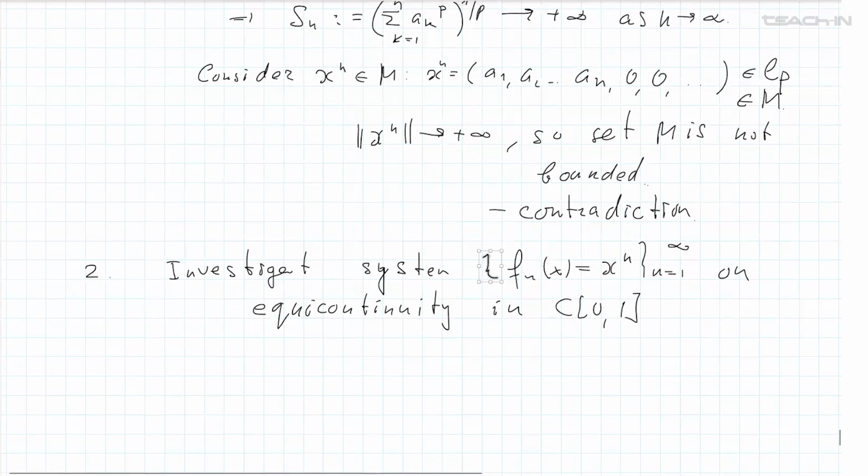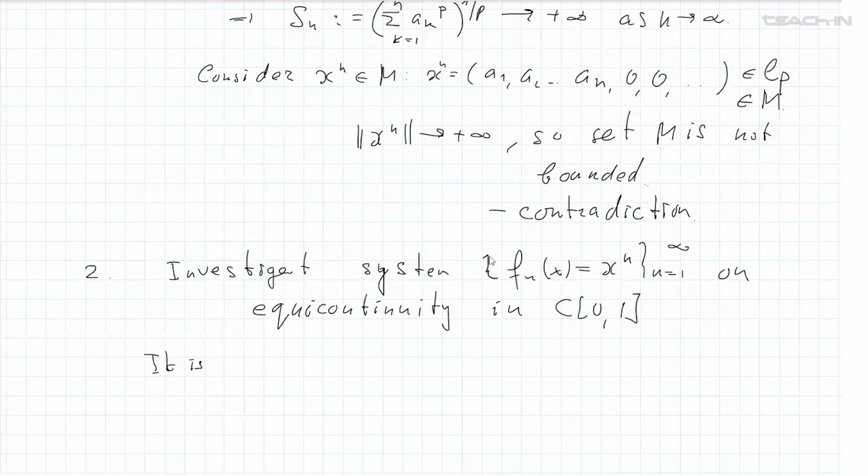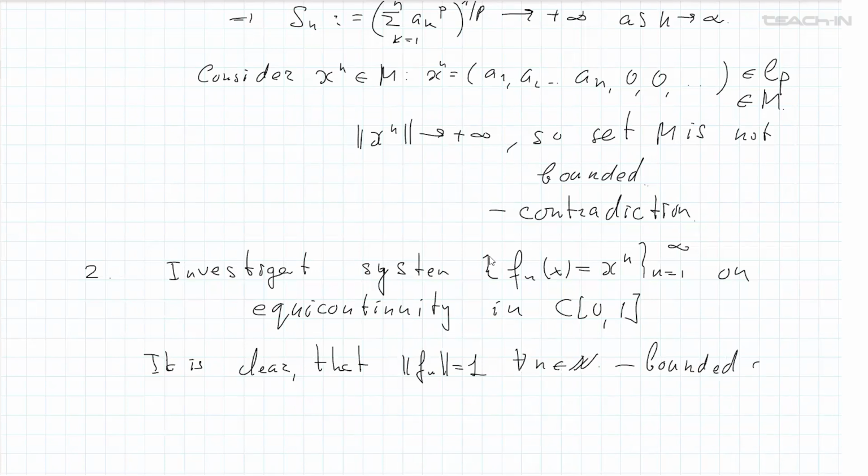Of course, it is clear that the norm equals 1 for any n, with the maximum at the point 1. So it is a bounded set. So for precompactness, we need to check only equicontinuity. What can you say about the equicontinuity?